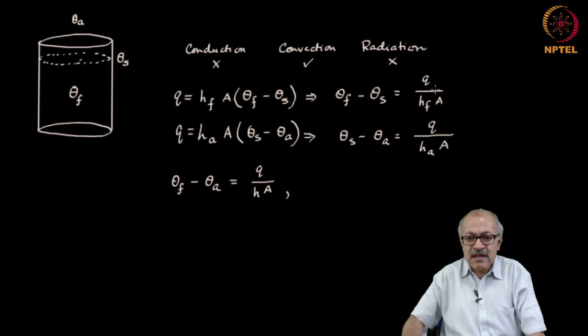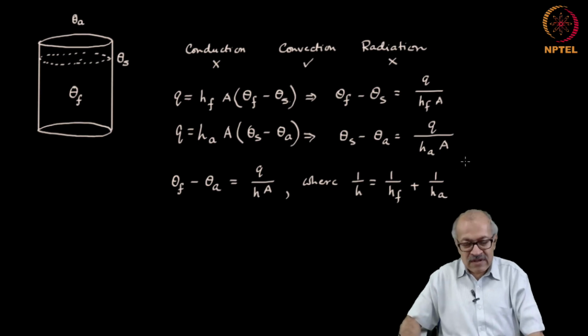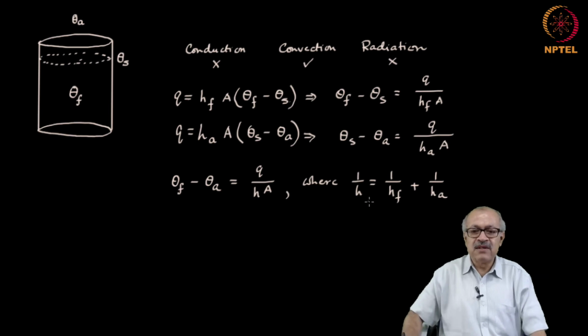Now, we can see that this will be 1 by h f, this will be 1 by h a, which we are equating to 1 by h. So, we can write where 1 by h is equal to 1 by h f plus 1 by h a, okay, or h is equal to this inverse. It is easier to write it this way.